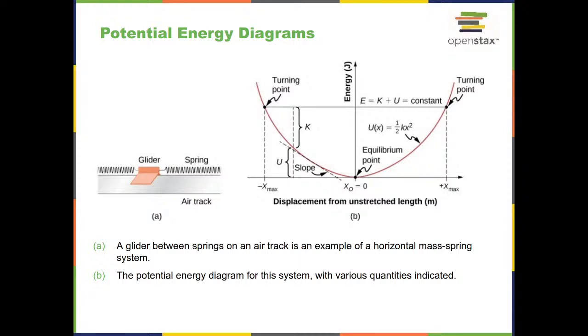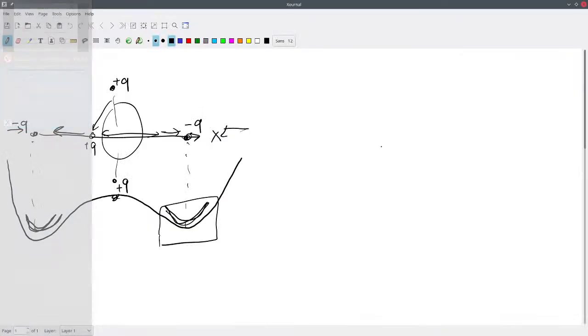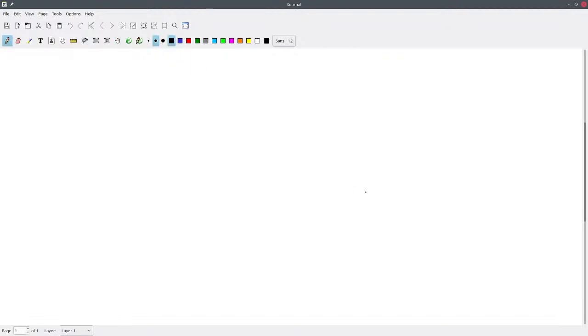Okay, so actually let's look at that in a little bit more detail, even mathematically. So let's say we have a potential energy, and we know the potential energy as a functional form. Let's go from potential energy, U as a function of x, to x as a function of time.